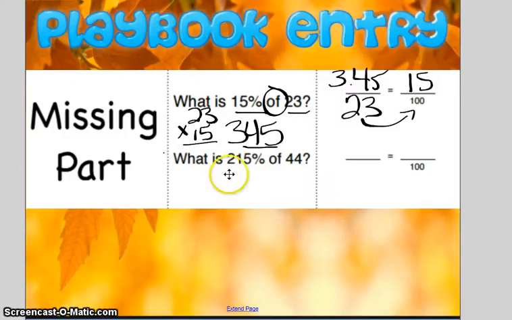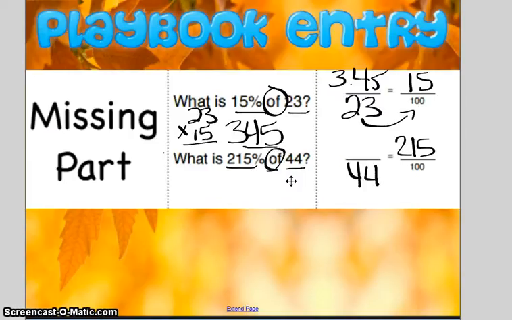Now let's look at what is 215% of 44. Well, I know where my percent goes. I know that my of 44, my 44 goes at the bottom. And so what this is telling me is that I need to figure out what is 215% of 44.